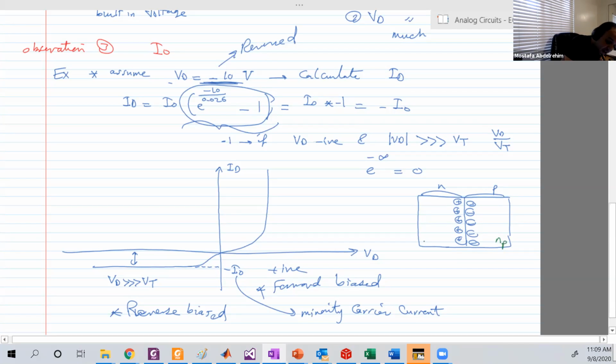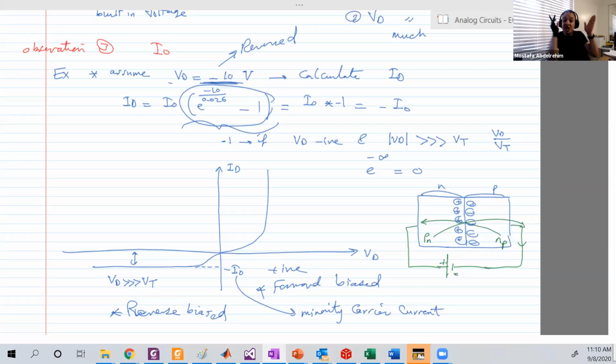And we have here holes, but they are minorities. So if you have a reverse bias, positive and negative, those guys can be attracted to the negative terminal, and those guys can be attracted to the positive terminal. But since they are very few, a minority, this current is really, really small, which is I naught.